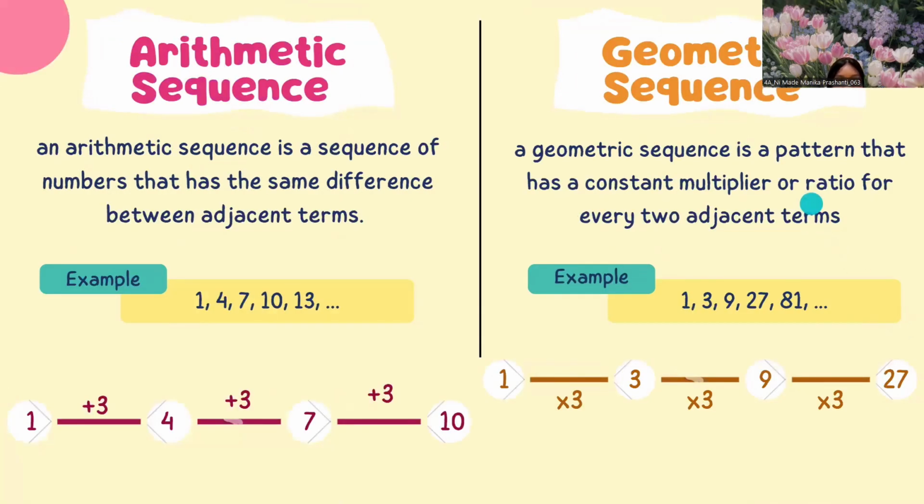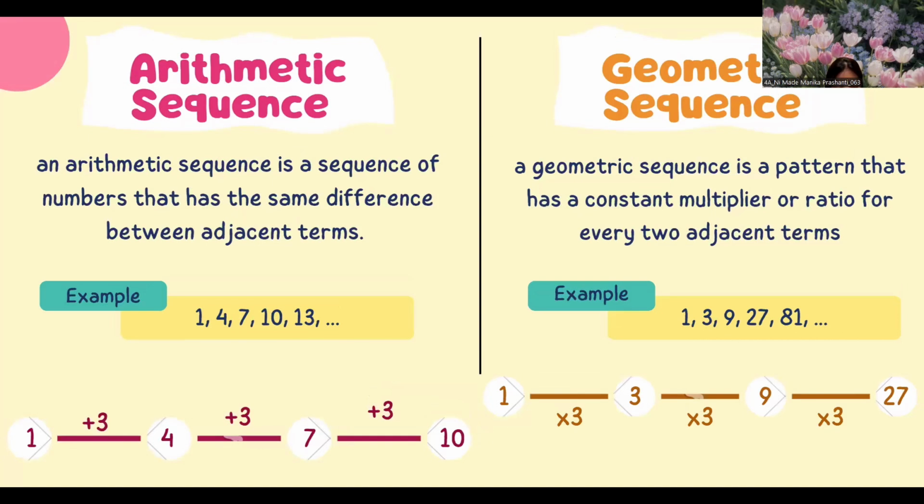Next is the arithmetic sequence and geometric sequence. An arithmetic sequence is a sequence of numbers that has the same difference between adjacent terms. We call this the difference, symbolized by b.